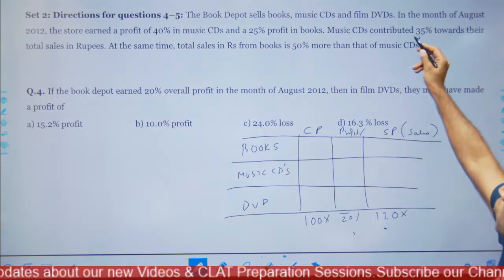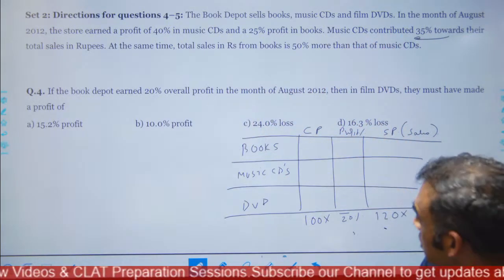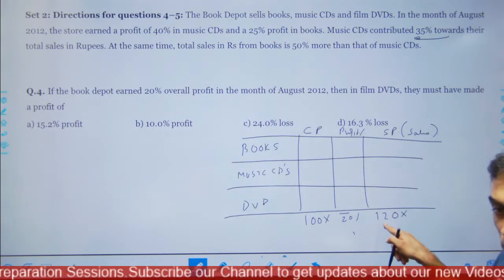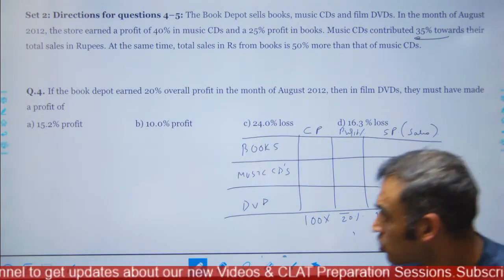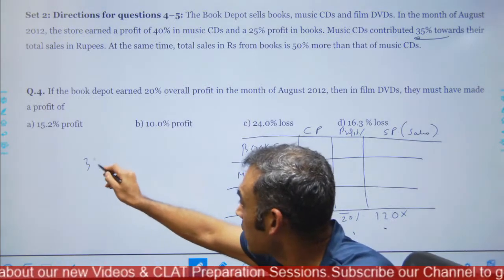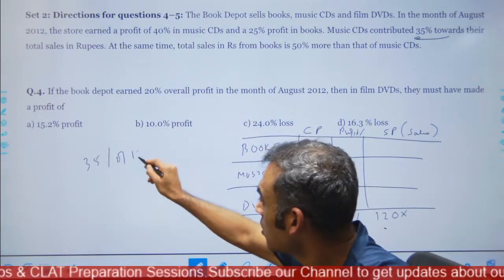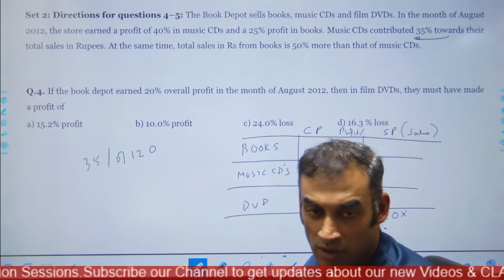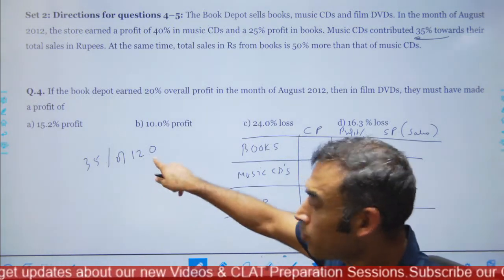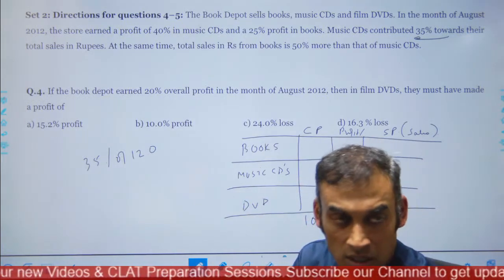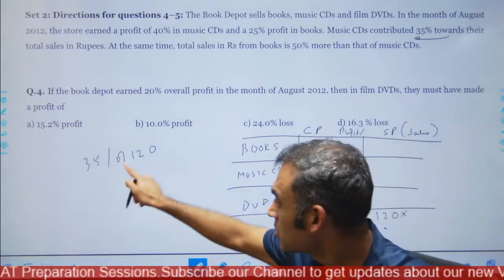Music CDs contribute 35% towards their total sales. So I need to find out 35% of 120. So again, do not do a 35 into 12. You can do that if you're comfortable with it, but you can also do the percentage method. 10% of 120 is 12.